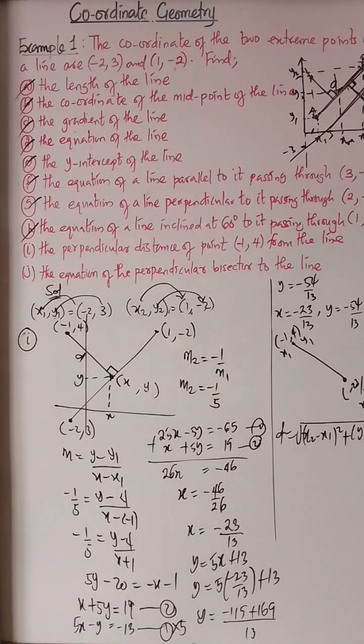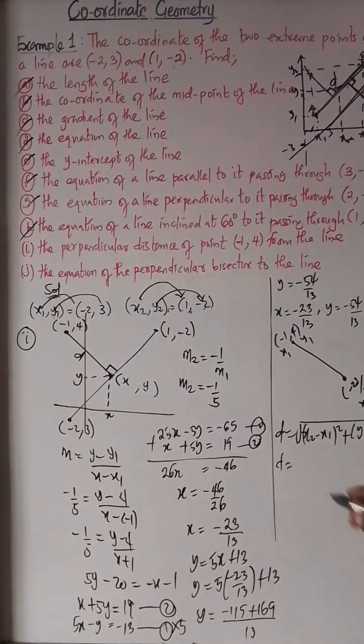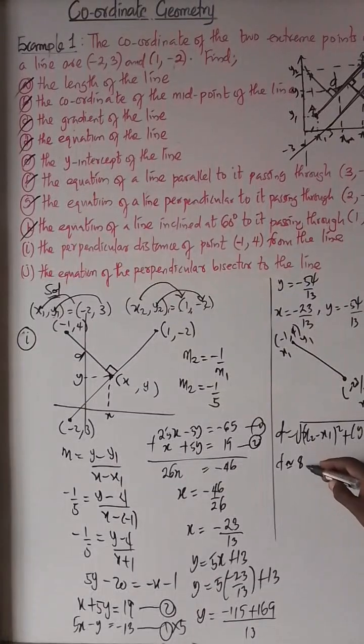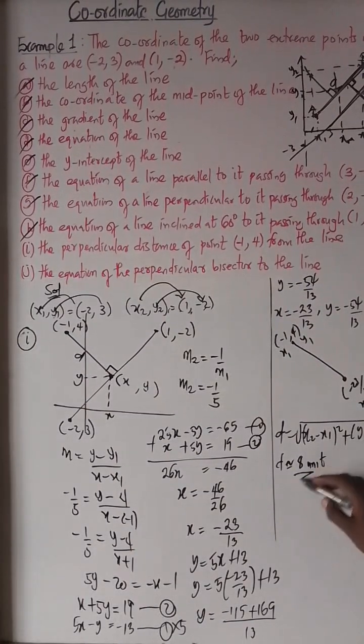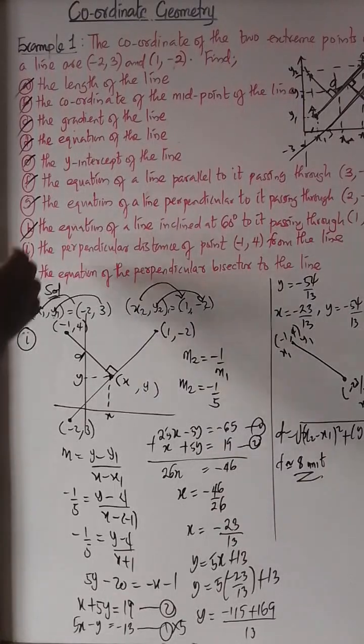It will be easier if you make these answers decimals. Then we'll input the values here, and we get the distance to be approximately 8 units to the nearest whole number. So that's the answer to question I.